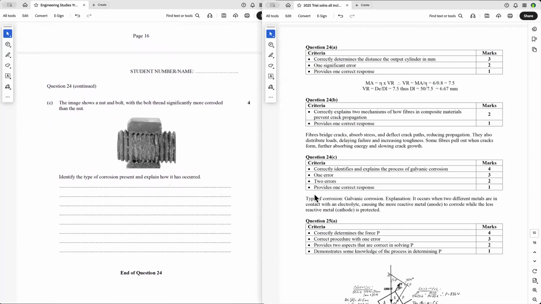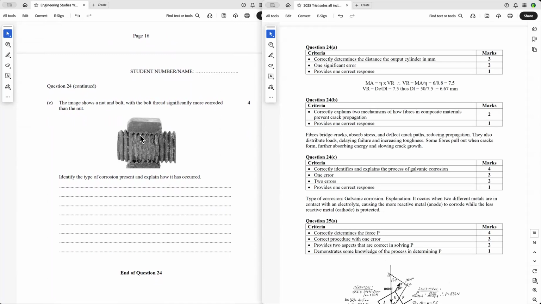Question 24C. This is a nut and a screw from a bolt. Identify the type of corrosion present and explain how it has occurred. I've given the answer, there's galvanic corrosion, and that's what most people would say.